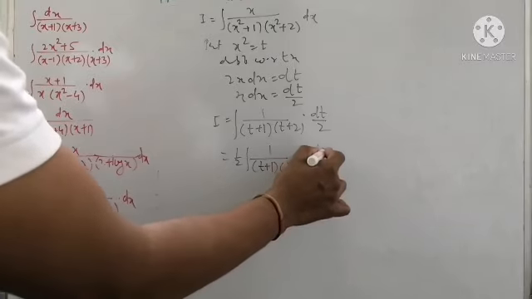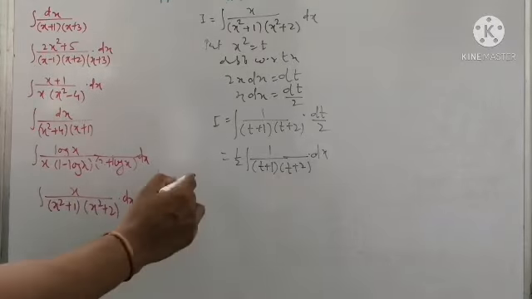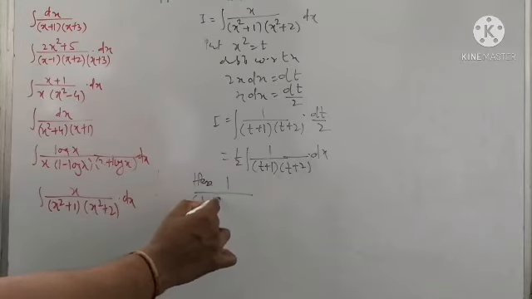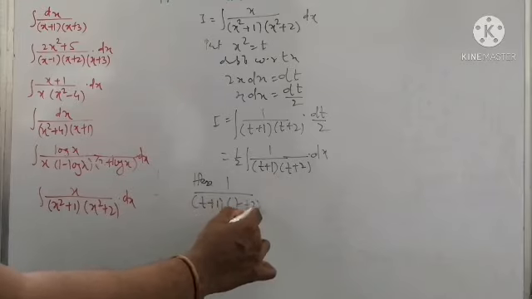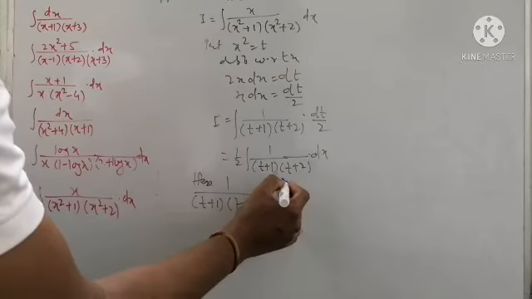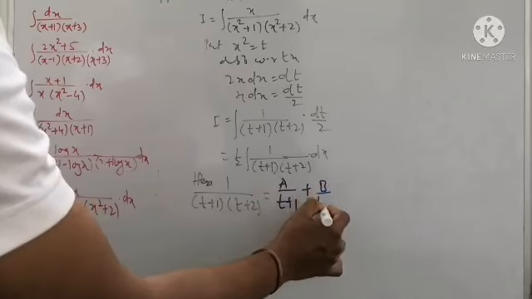Now you get the rational fraction in an integral which we have to partialize. So here the fraction is 1 upon (t plus 1) into (t plus 2). As the denominator contains two linear factors, we get two partials with two unknown constants. The first partial is A divided by t plus 1 and the second partial will be B divided by t plus 2.